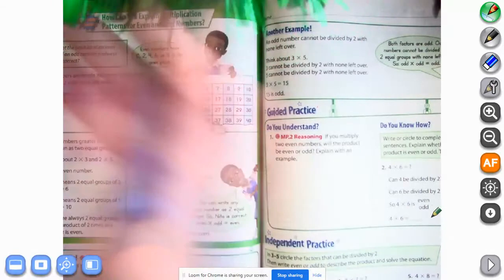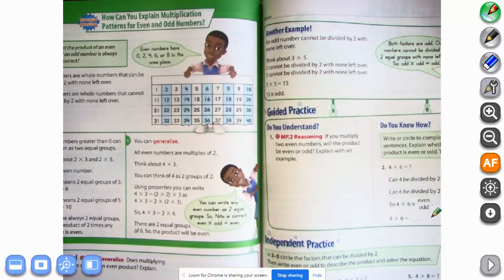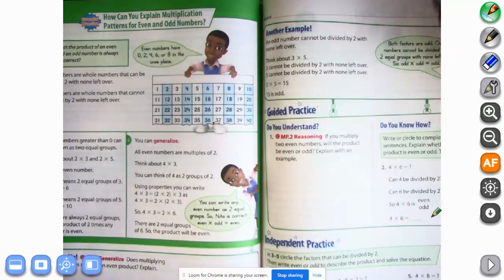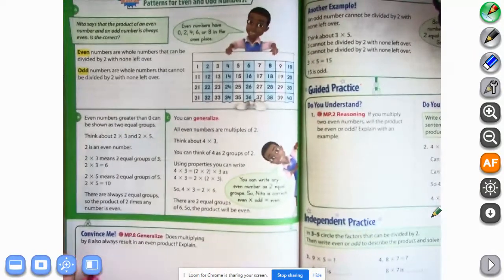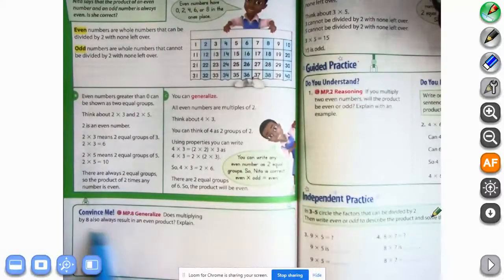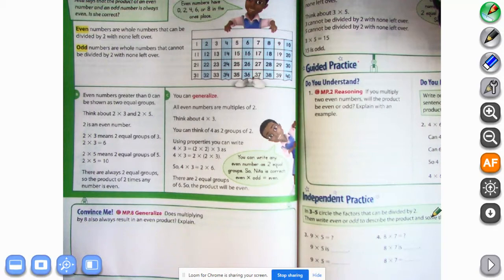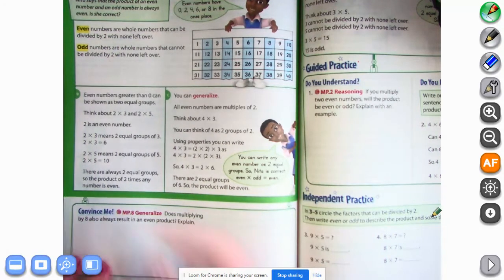In Convince Me, does multiplying by 8 also always result in an even product? Explain. So let's try it.